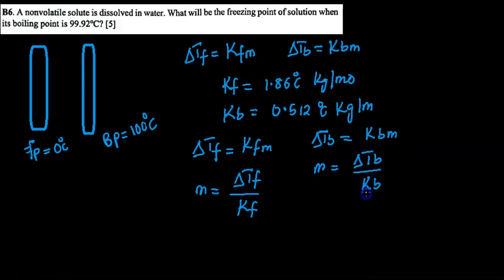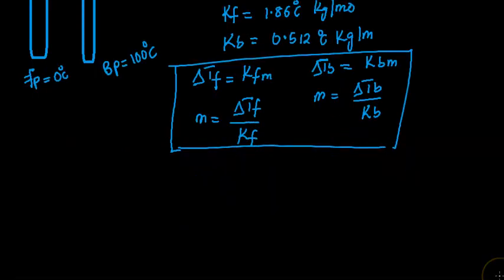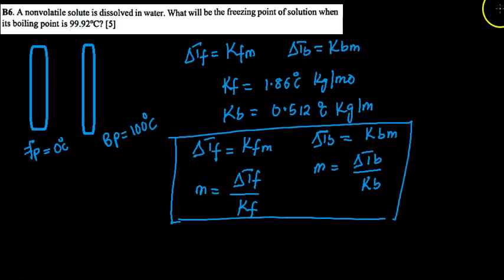So here we are given the temperature, which is 99.92. What is our change in temperature here? Change in temperature is final temperature minus initial temperature.